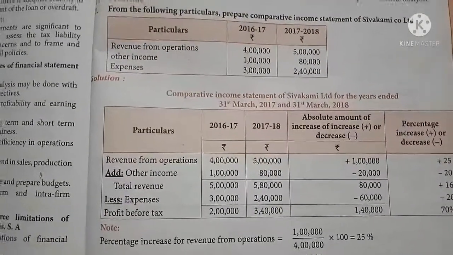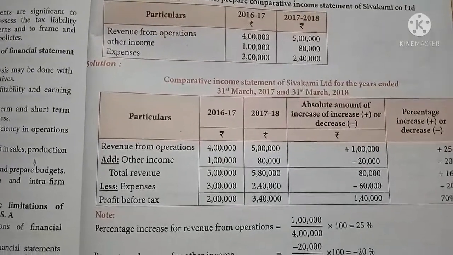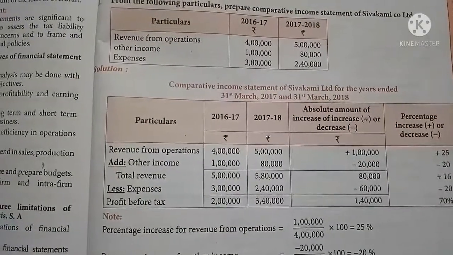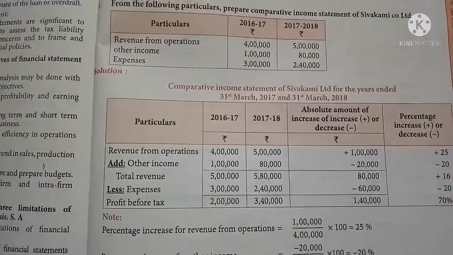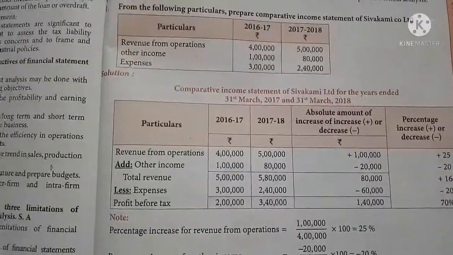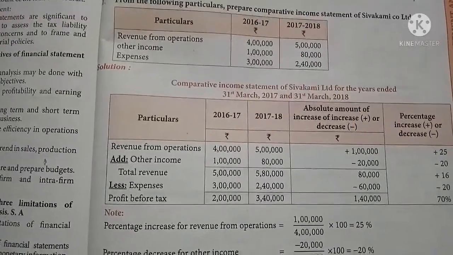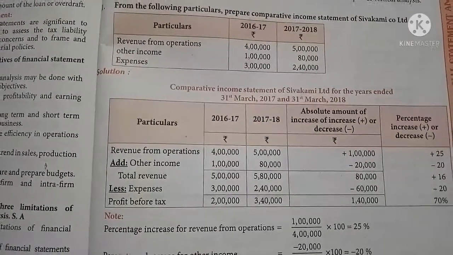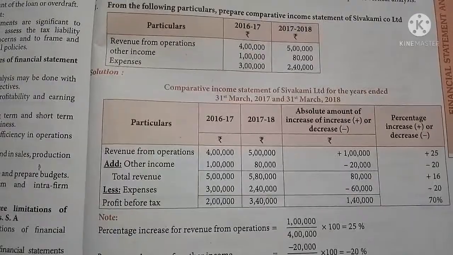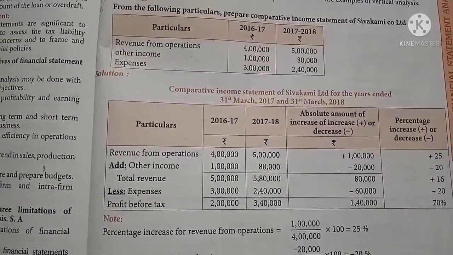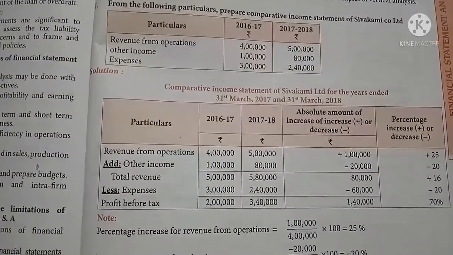These three columns are already given in the sum itself; you can copy them from the sum. The fourth column is the absolute amount of increase or decrease, whether plus or minus. The fifth column is the percentage of increase or decrease.